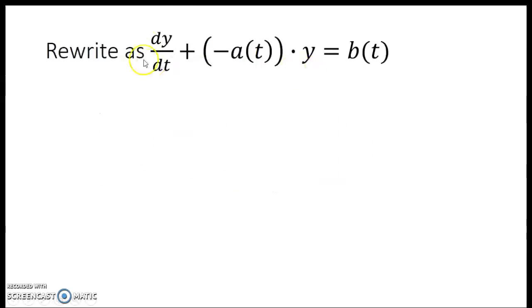Alright, so the first step in even seeing that the product rule might apply is rewriting the differential equation, moving the a(t)y term over to the left-hand side. If we do this, for this particular example, we get dy/dt minus 3y equals 2t.